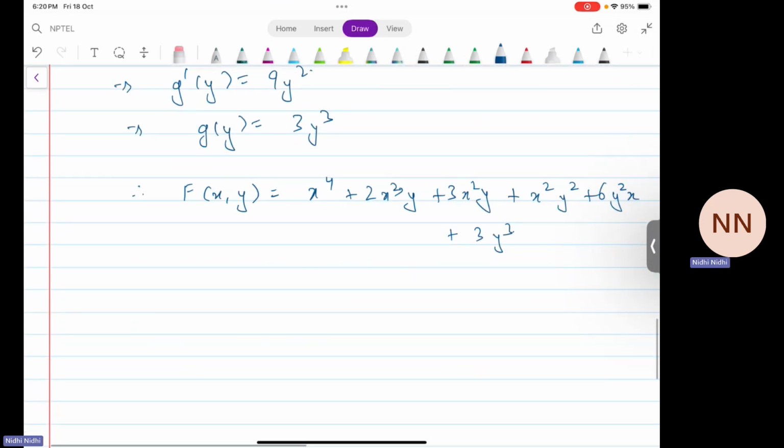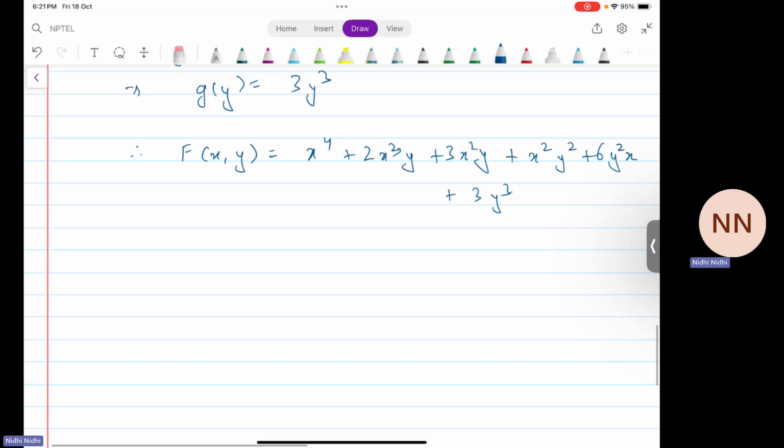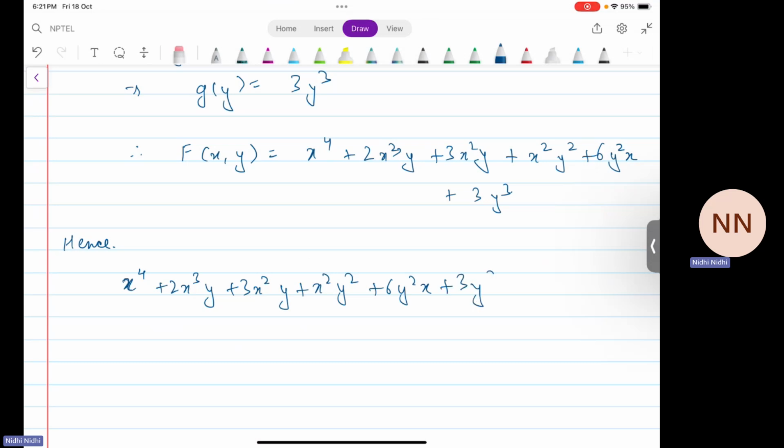And hence, we know that our solution is given by f of x y equals c. So x power 4 plus 2x cube y plus 3x square y plus x square y square plus 6y square x plus 3y cube is equal to c, which gives the solution of our problem.